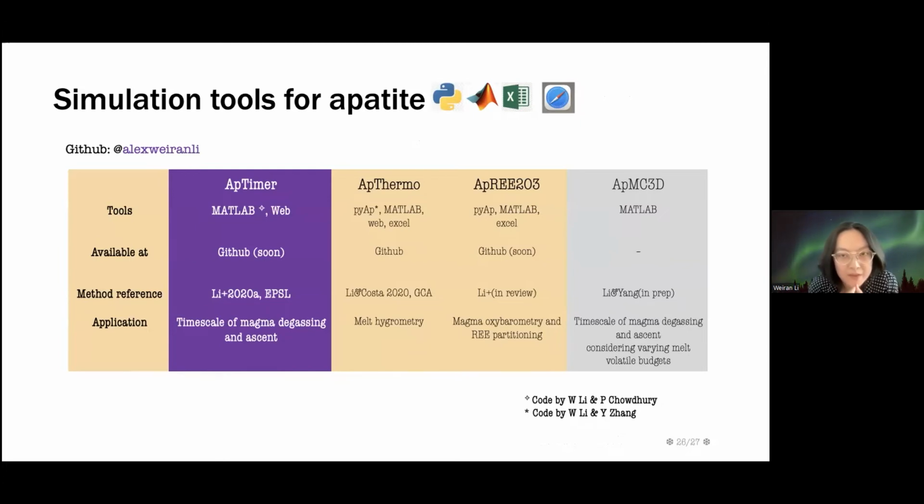We also have a web version of this modeling tool, where you can simply upload a TXT or CSV file of your diffusion profile and model the timescale from there. We have some other models based on apatite as well. The PyApp tool that I mentioned in the first few slides is also available on GitHub. It's built on Python.